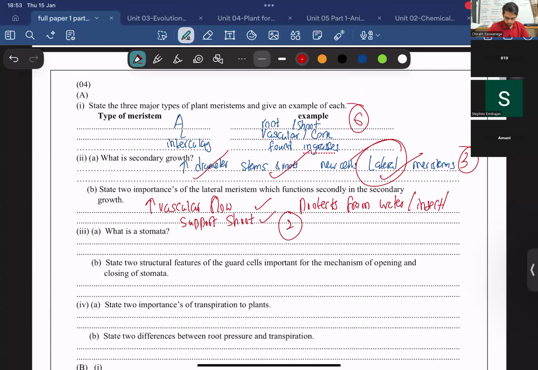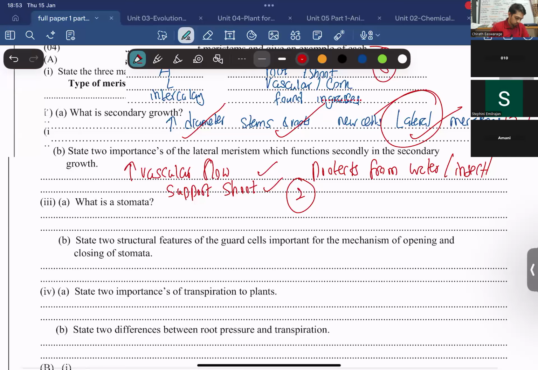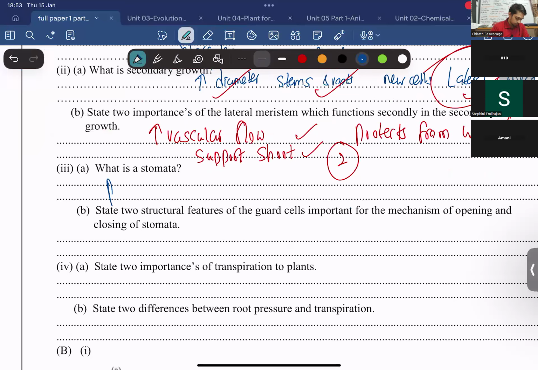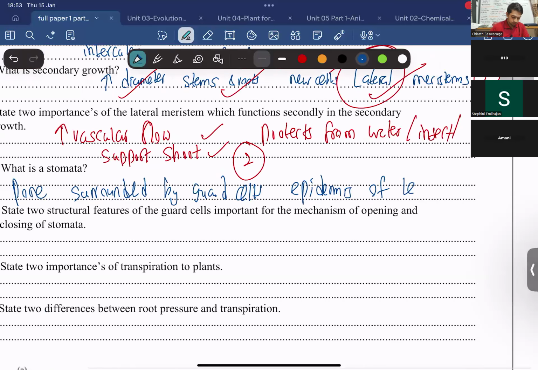What is a stomata? How do you define a stomata? First of all, it's a pore surrounded by guard cells, found only in the epidermis of leaves and primary structure of stem, which can open and close.